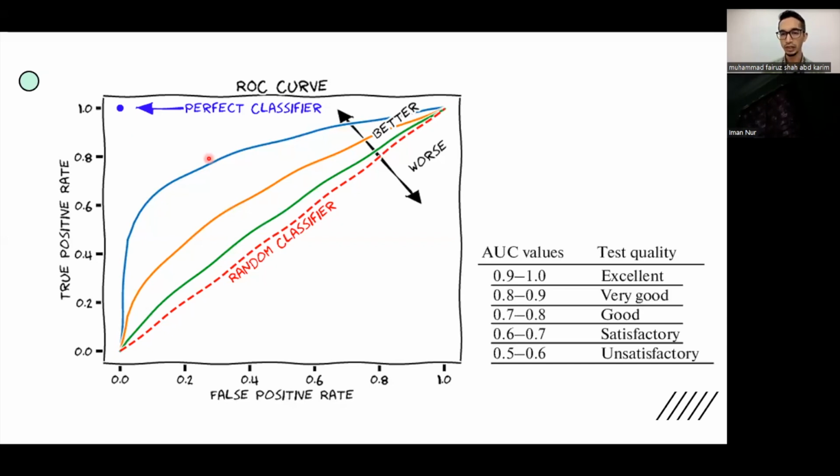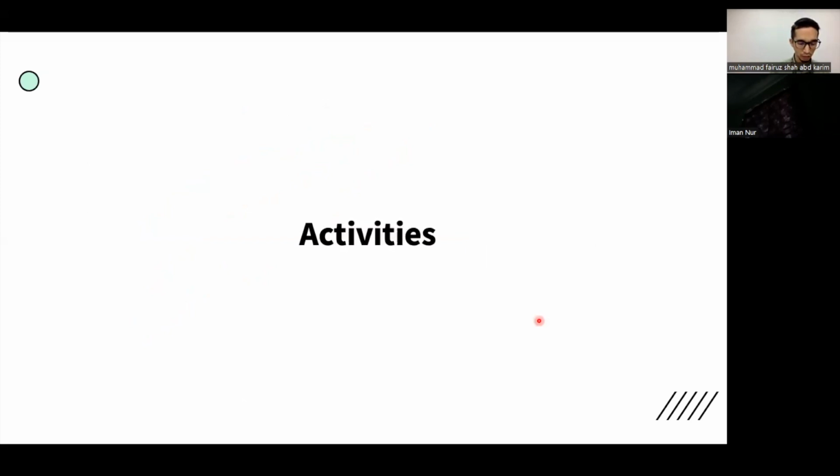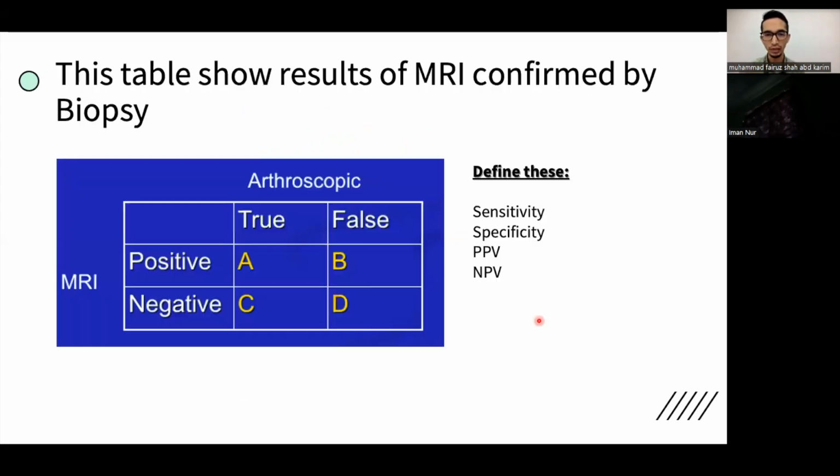Okay, this is how we discuss it. If you calculate something in Stata or SPSS, and the value shows that your diagnostic prediction model or diagnostic scoring system is about 0.5, that means whatever you have created is not really strong enough to help you diagnose a disease in the population. Okay, so let's move on to some revision activities.